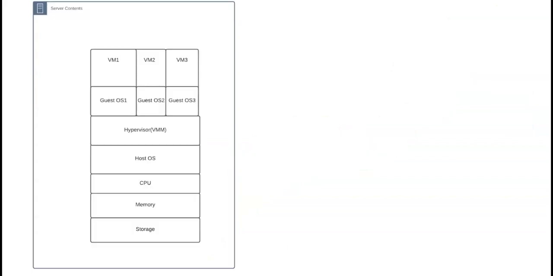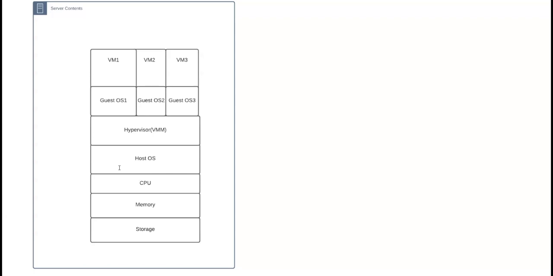So what is a virtual machine and how is it different from a typical physical server? Since we can't have multiple OS on a single physical server, the industry came up with virtualization, where there can be multiple types of operating system on top of what a physical server has.